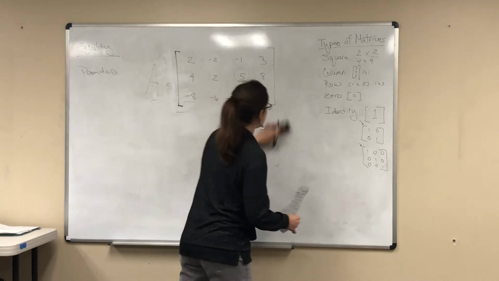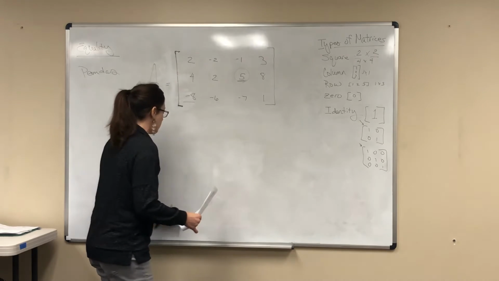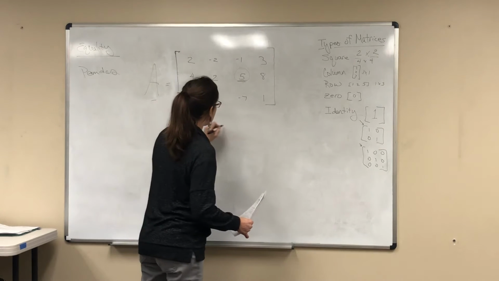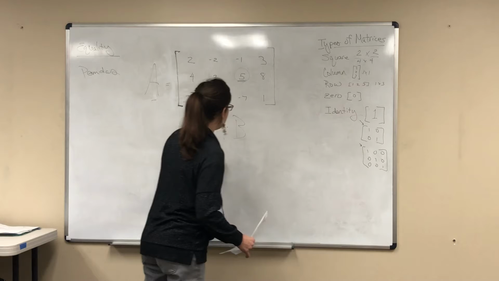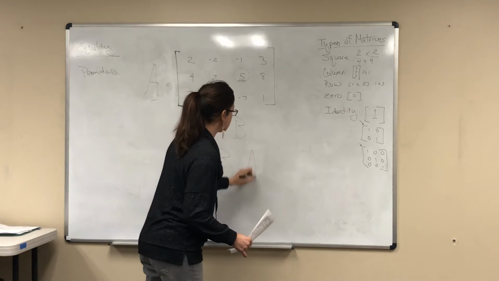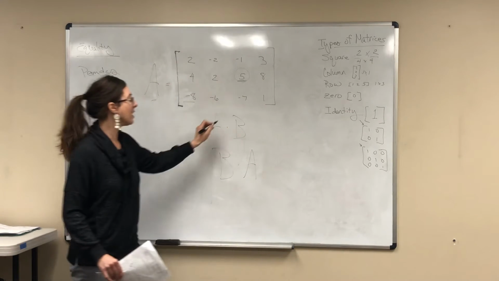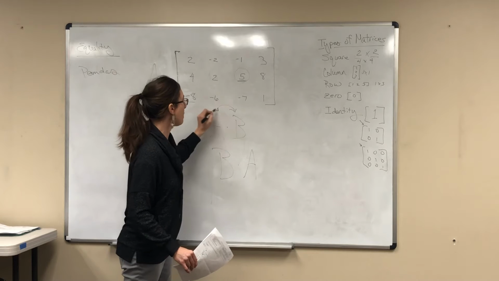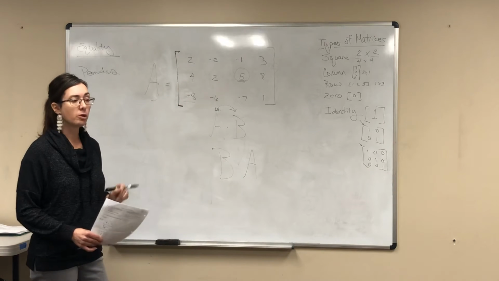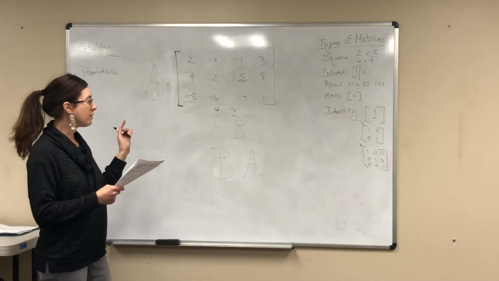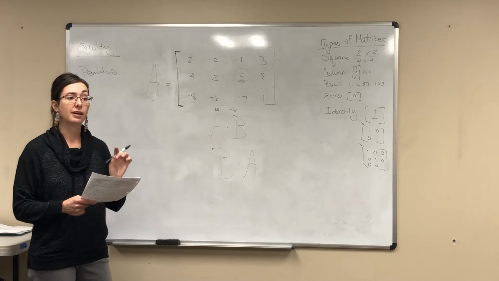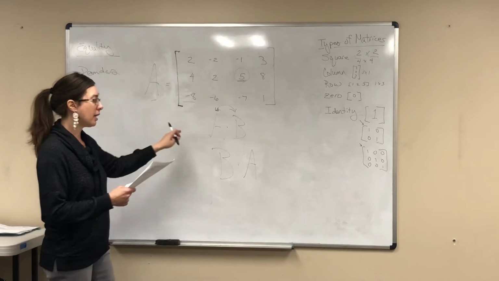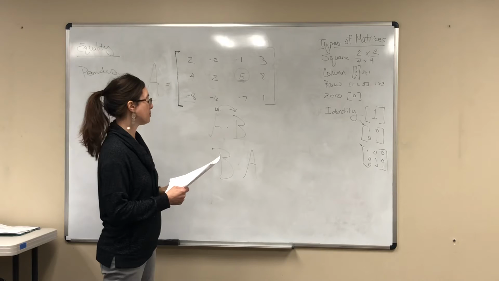The thing you cannot do, only if they are inverses of each other will this work. You cannot multiply A times B and expect it to be the same as B times A. You cannot have the commutative property of multiplication. You can have the commutative property of addition, but you cannot have the commutative property of multiplication.